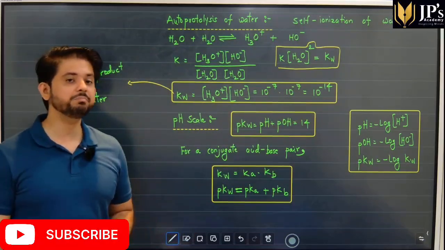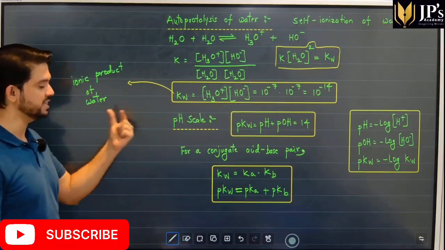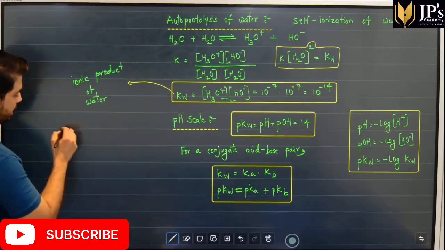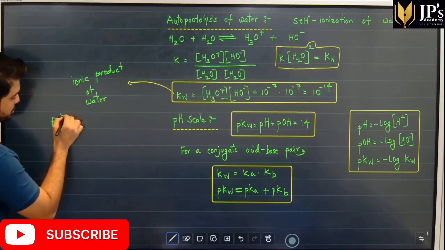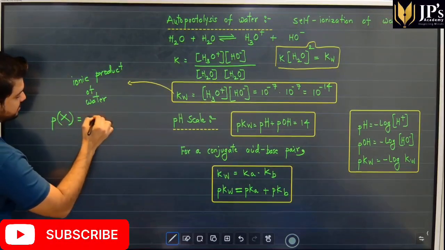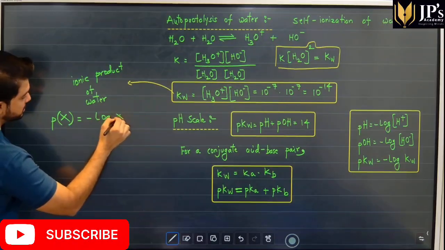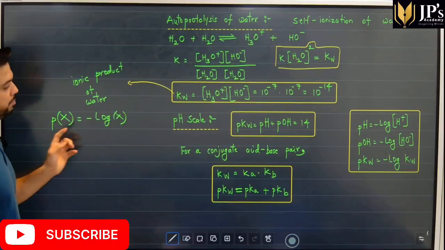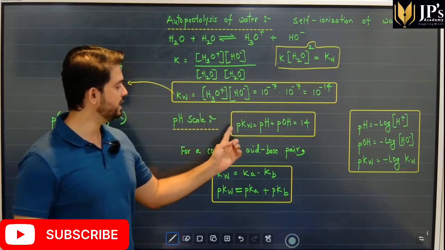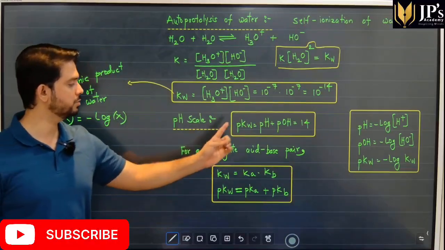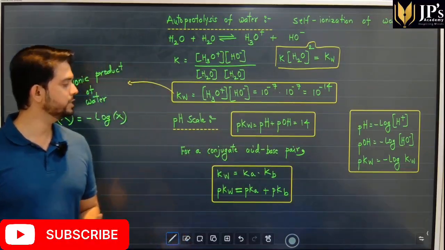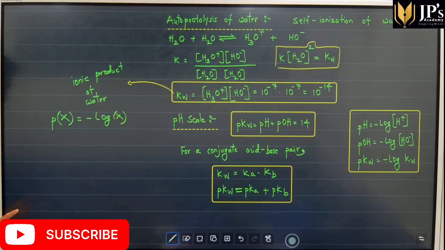Now when we apply the pH scale, which is negative logarithm of H, or you can say students, the pX scale, which is negative logarithm of the function x, we get the expression pKw is equal to pH plus pOH, which is equal to 14.